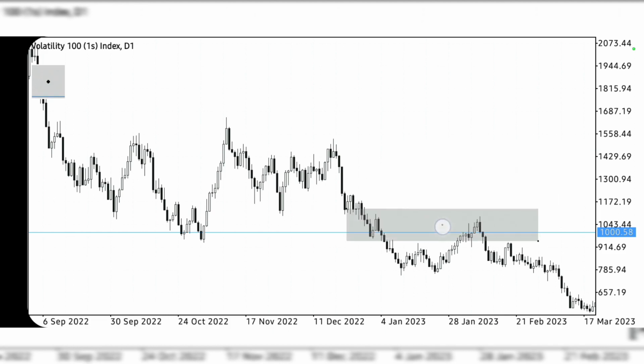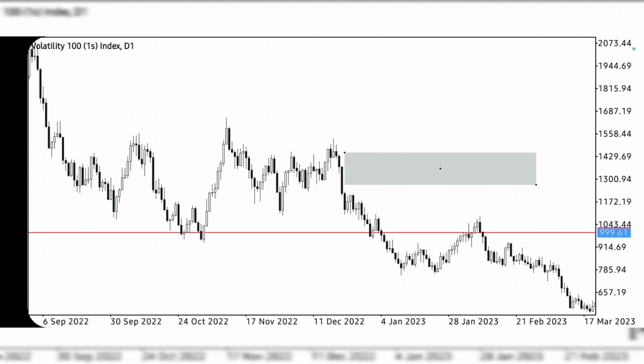So I always tell people to make use of area of interest the most, and you are going to see how it works perfectly for you, because you are going to be using entry confirmation to enter your area of interest. You are not just entering the market based on what you are feeling. You will enter the market based on what the market is doing, not based on what you are feeling.